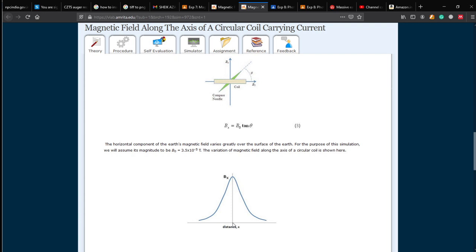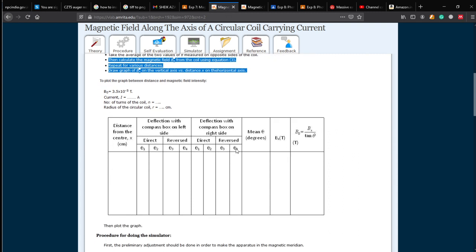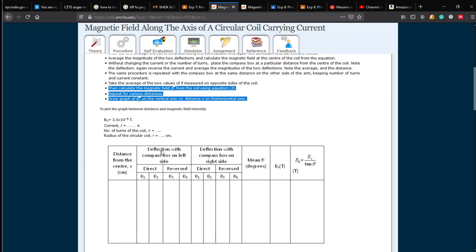From x equals 0 we have to go towards the right and towards the left as well. So from where do we get this minus x and plus x? We have mentioned earlier, let me remind you. In that part you can see this deflection with the compass box on the left side.